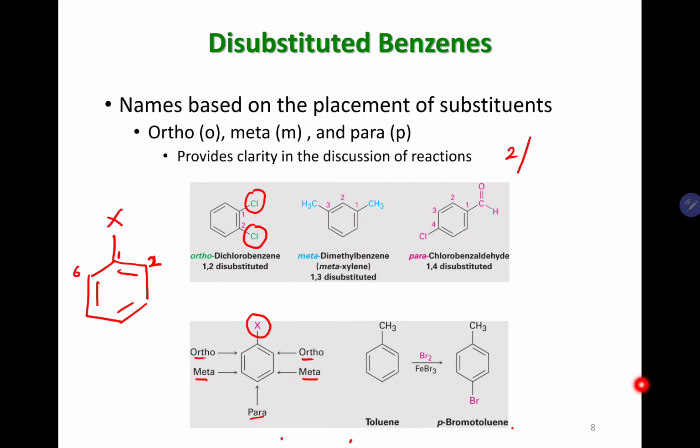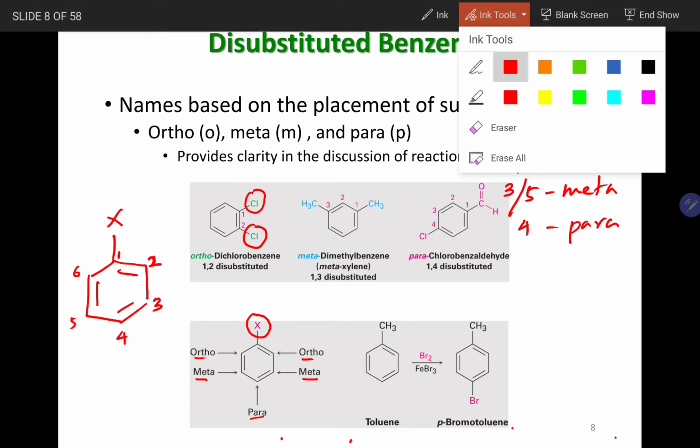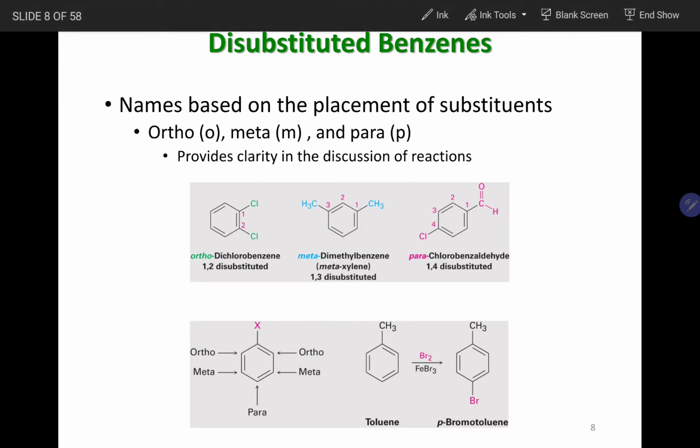Number 3 and number 5 carbons are known as meta, and number 4 carbon in benzene is known as para. I would recommend that you remember those names when naming di-substituted benzenes.